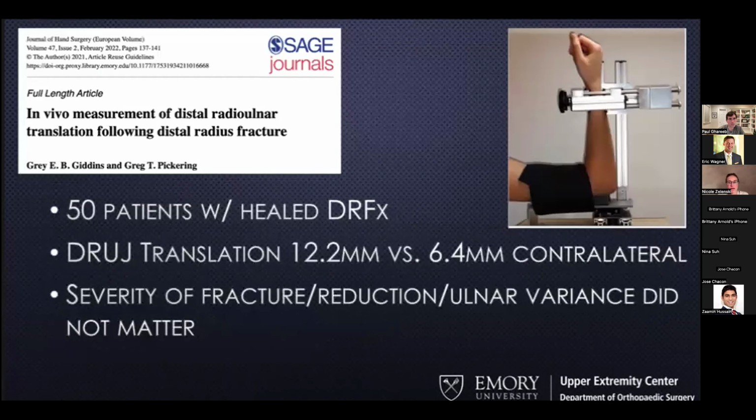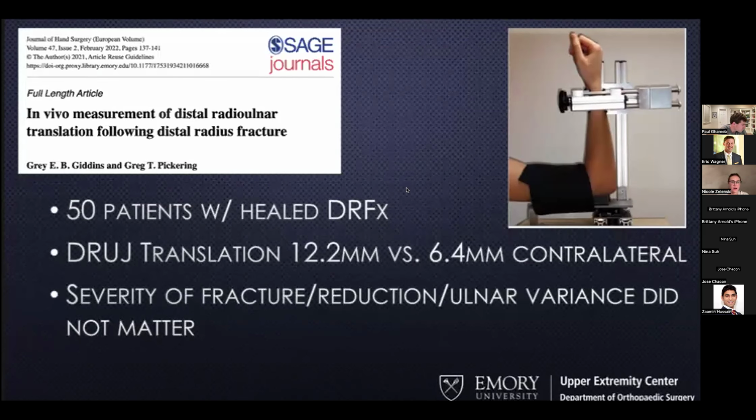I'm going to think on the point a little bit more here, because this study essentially showed that almost everybody that has a distal radius fracture has more dorsal-volar translation of the DRUJ than those that don't. This study looked at 50 patients that had a healed distal radius fracture. Again, this was the same group out of the UK.